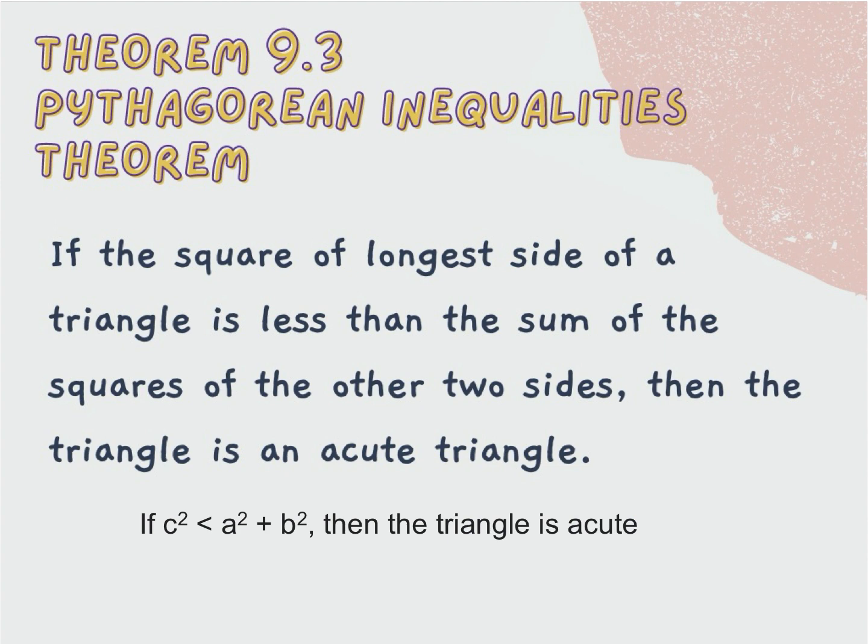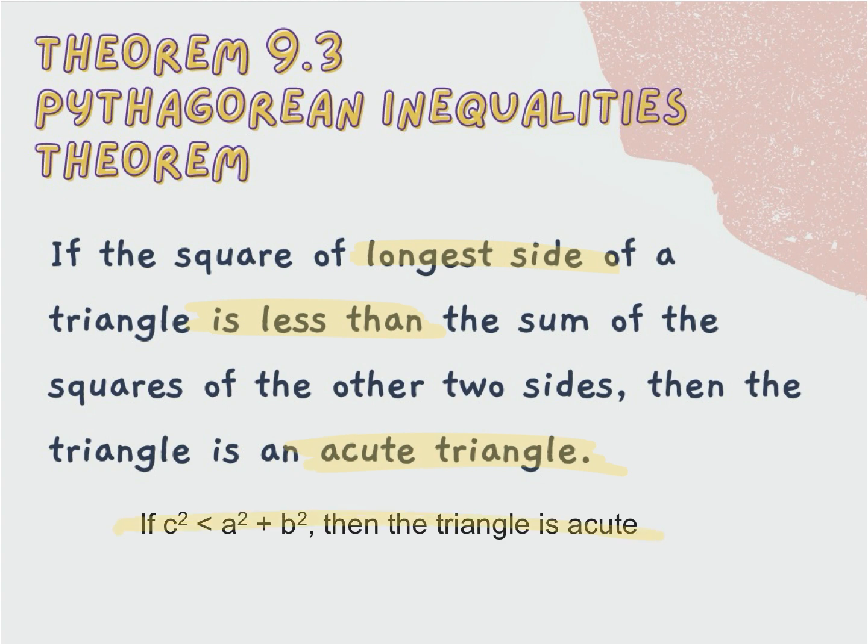All right, going to the next slide. Same thing, except now you're using an inequality symbol. Again, you're taking the longest side squared. If the longest side squared is less than the sum of the squares of the other two sides, then the triangle is acute.